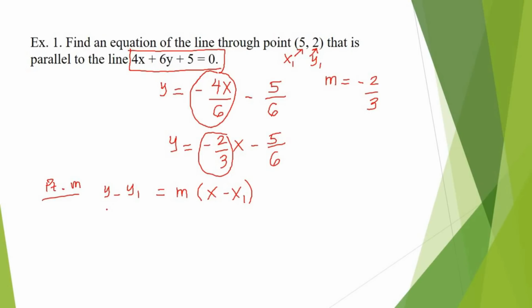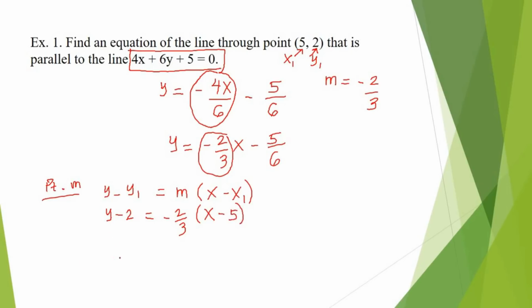So substituting the values, we have y minus 2 is equal to negative 2/3 times x minus 5.